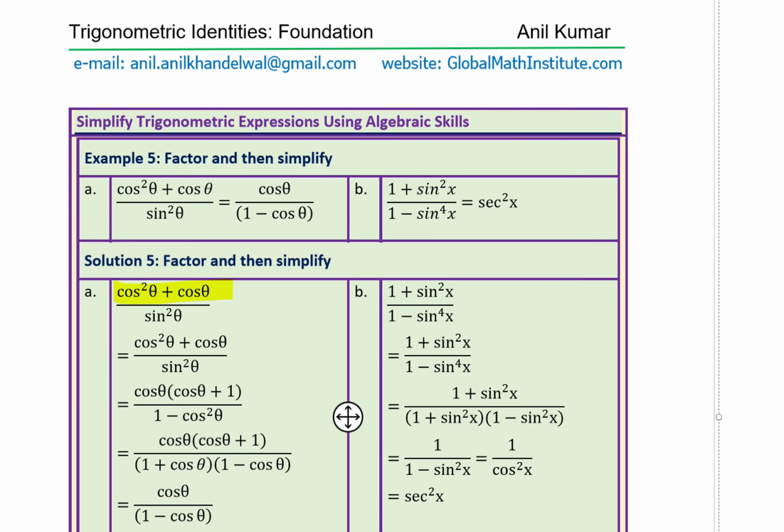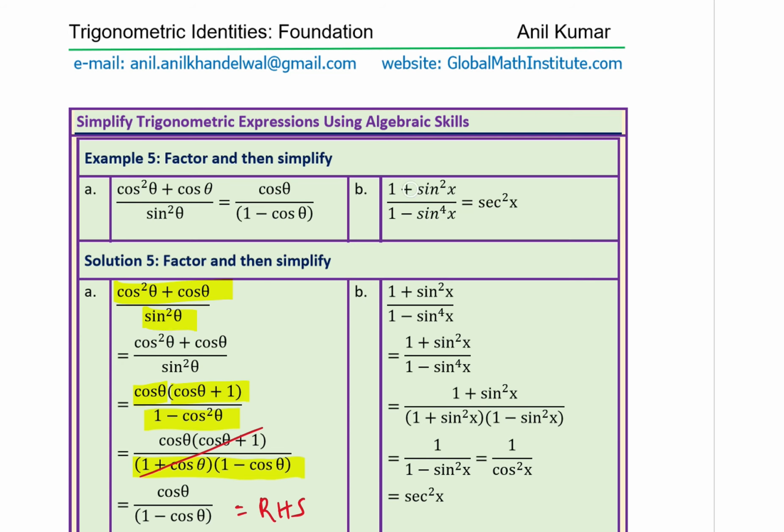Beginning with cos square theta plus cos theta, we took cos theta common. We got a factor cos theta plus 1. Sine square theta can be written as 1 minus cos square theta, difference of squares, so we start with (1 plus cos theta) times (1 minus cos theta). Now here, you can cancel the terms which are common factors in numerator and denominator to get the right hand side. And you have shown that this identity is true.